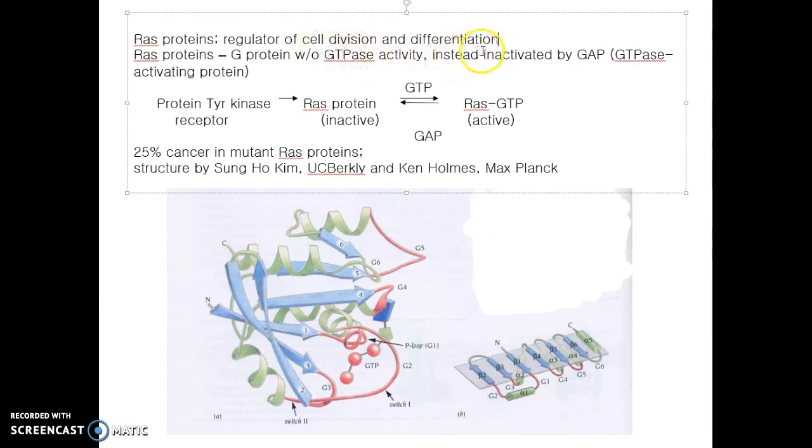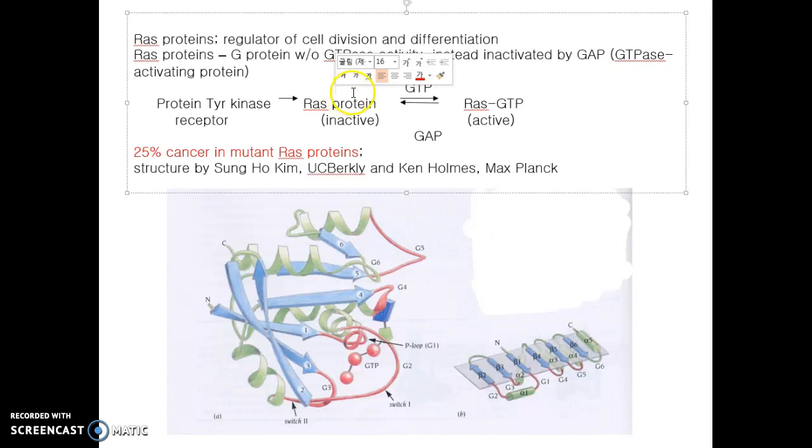Instead, it can be inactivated by binding to GAP, GTPase activating protein. Ras protein is activated in response to protein tyrosine kinase receptor. About 25% of all tumor cells have mutant Ras proteins that cannot be activated to hydrolyze GTP. As a result, these mutant Ras molecules remain bound to GTP and activated, and this leads to uncontrolled cell growth.